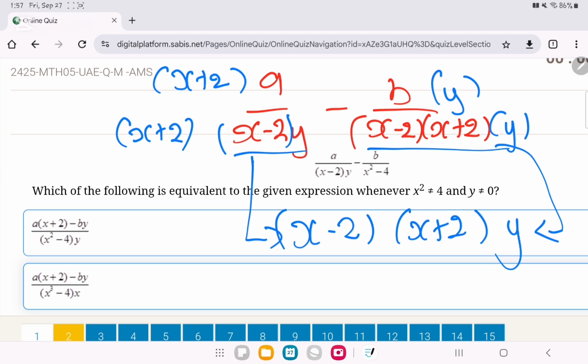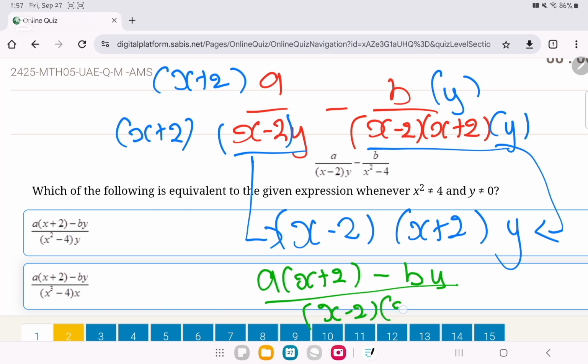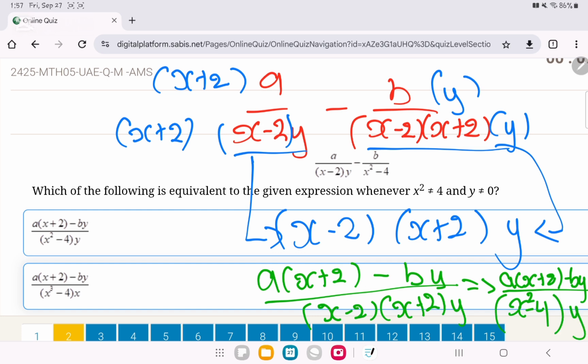So now, if we're going to write it, it's going to be a times x plus 2 minus b times y, which is by, over x minus 2 times x plus 2 times y. And then if we solve it even more, it's going to be a times x plus 2 minus by over x squared minus 4, times y.